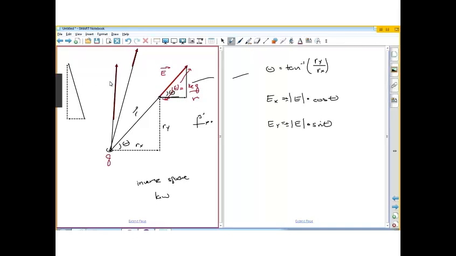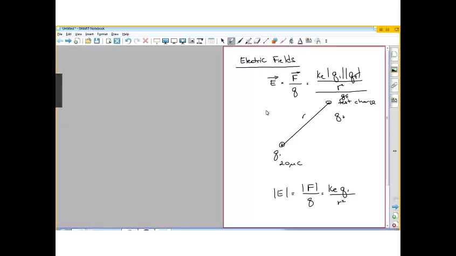Very similar to the force. The only difference is that rather than being a force, it is a force per unit charge, and that's what the electric field is. And there's an example showing you how to calculate the electric field, very similar to calculating the force.